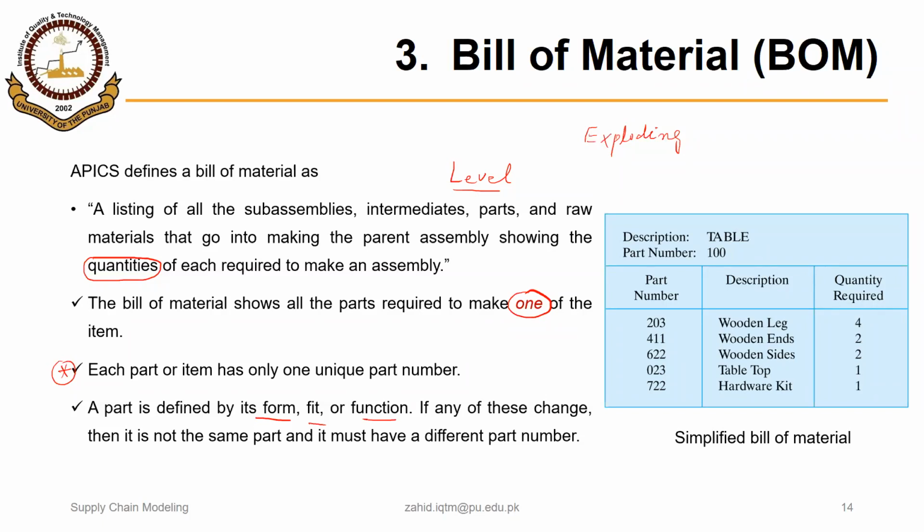So what is shown here is not actually the bill of material. It is actually the list of components that will be required to make a certain part, a table in this case, because this is showing one element of a bill of material, that is the quantity of different components required to make one table, but it is not showing the level.